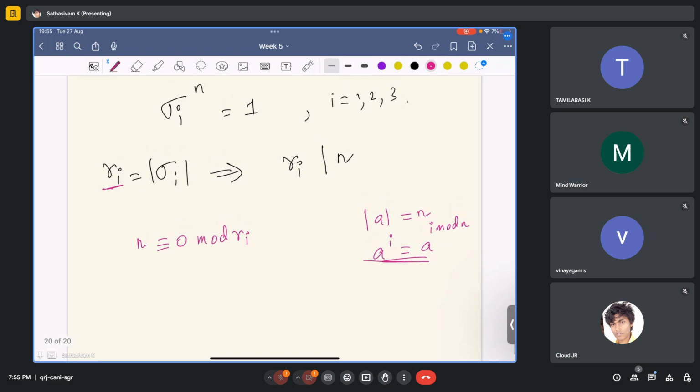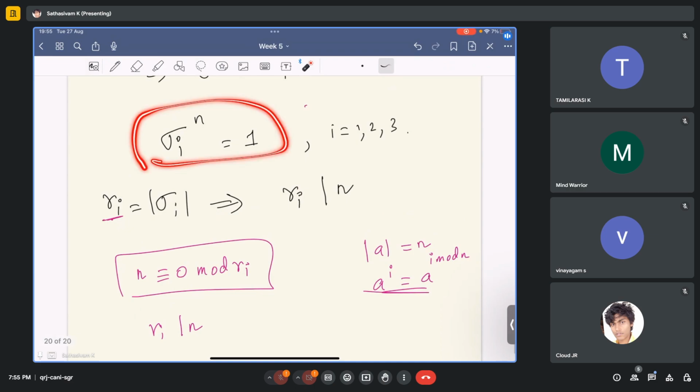Okay. From here you observe that Ri divides n. So this is the same as telling Ri divides n. Okay. So from here I'm writing this statement: sigma i to the power n is equal to 1.